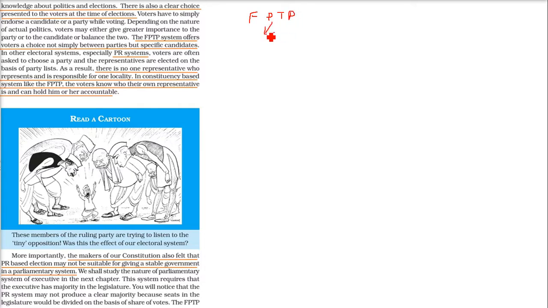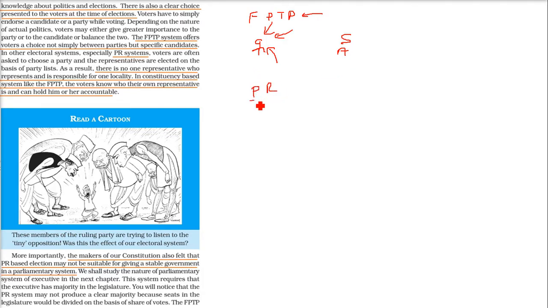FPTP also gives you the idea of who is in front of you, this member. So you know him very well, you can vote for him. If you are not interested in the party, you are interested in the member, you can vote for him. This is how the simplicity and the availability of the member you are going to vote for is why FPTP is there in our system.